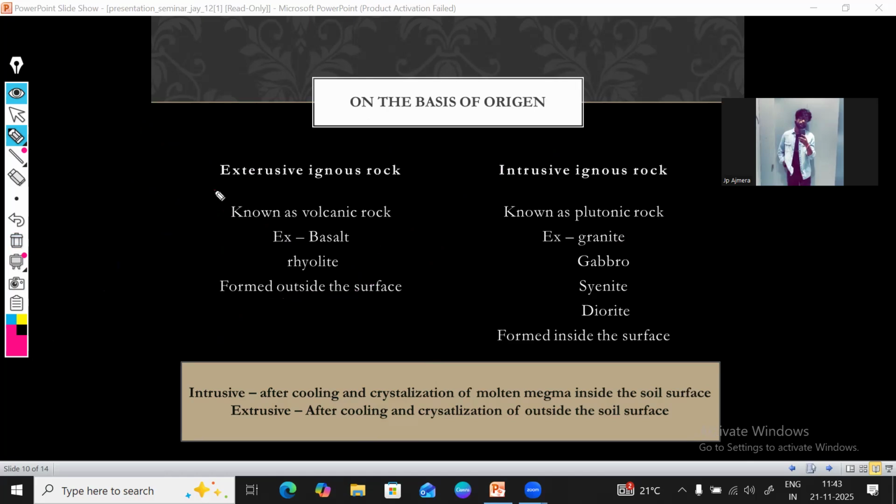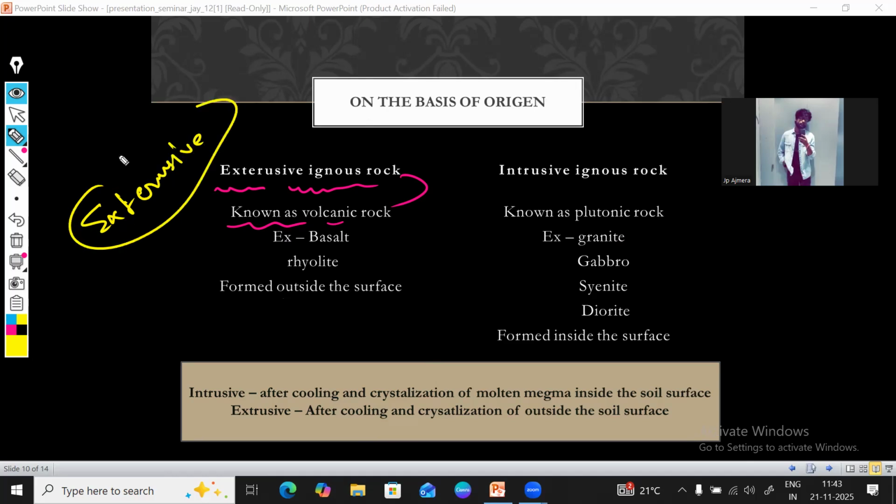Okay, so let's get started. Extrusive igneous rock has a nickname that is famous and frequently asked in examinations. What is the extrusive igneous rock? The other name and nickname is volcanic rock. You may remember.